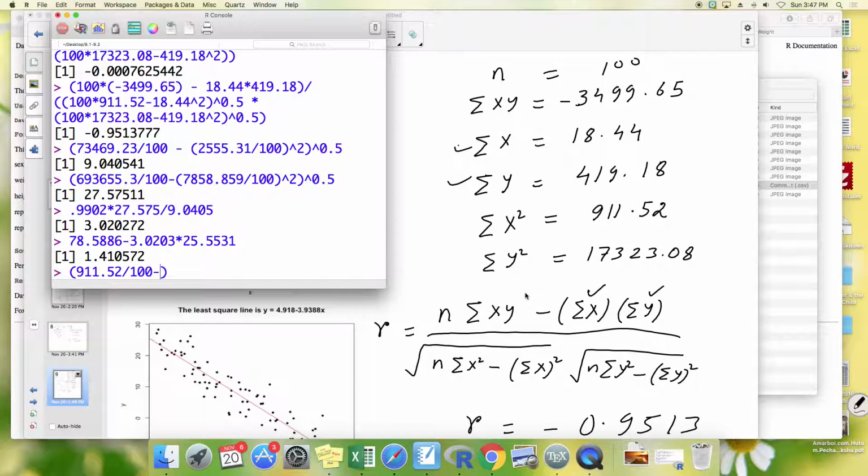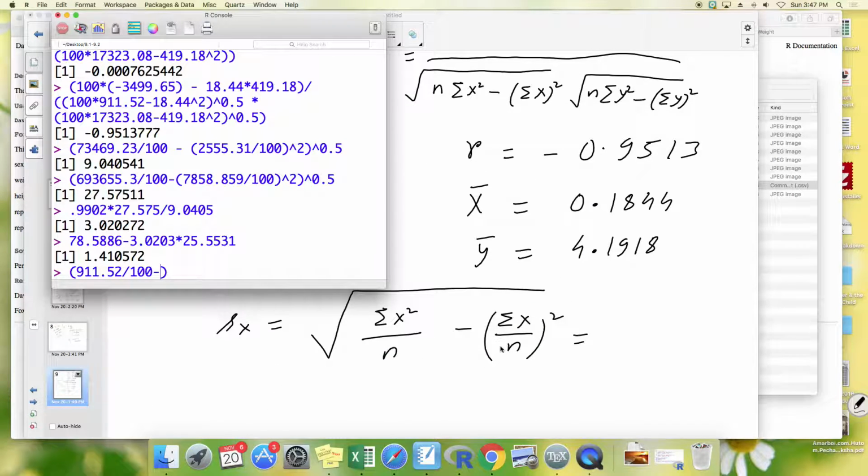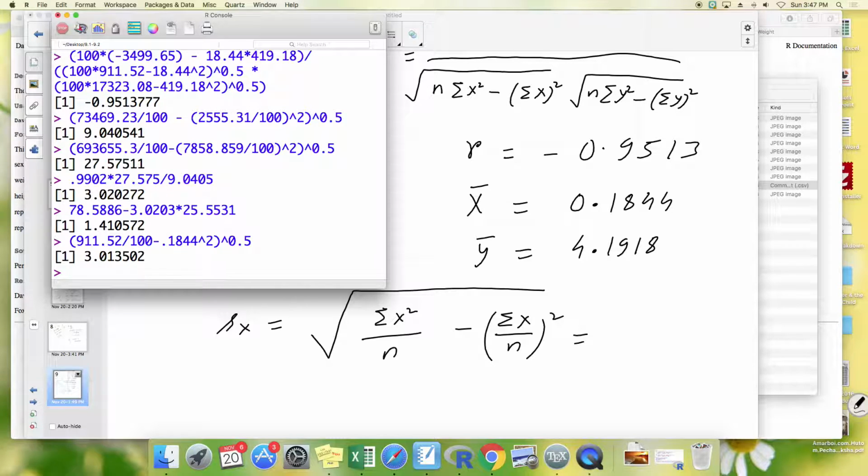That means this is x bar squared, and x bar is 0.1844, so 0.1844 whole square, and we have to of course take the square root of that. So 3.0135.